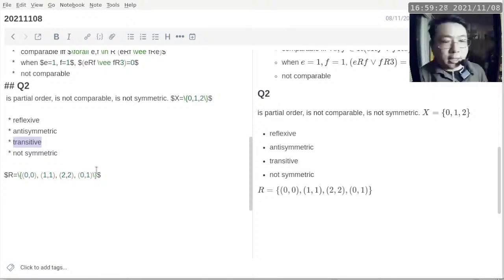Okay, so hold on 1 second. Let me settle the dispute first.